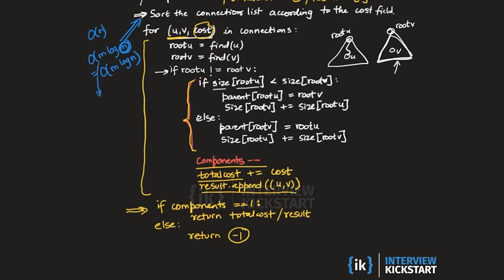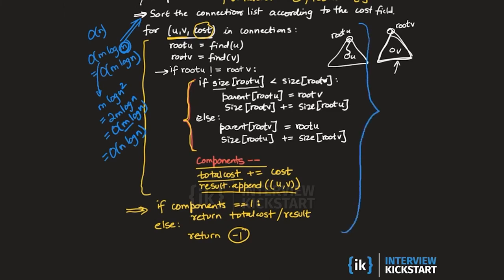So this can be written as m log n square, which is basically 2m log n, which is also order m log n. Now if the graph is additionally given to be a sparse graph, then this is basically an n log n complexity.